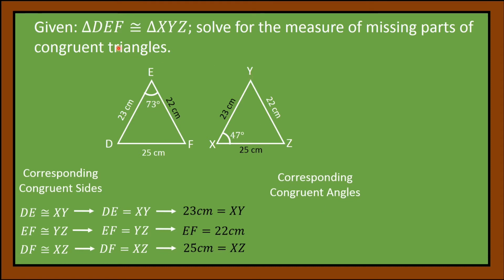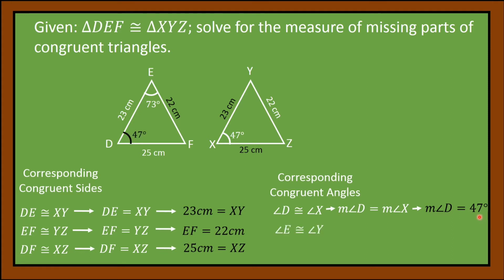Again, based sa ating given, we can say that angle D is congruent to angle X. Ito ang ating angle D at angle X. It means that the measurement of angle D is equal to the measurement of angle X. Kung ang angle X is equal to 47 degrees, ang angle D is also equal to 47 degrees.